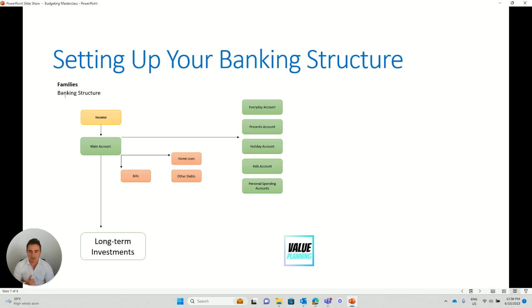So think groceries, think fuel, think eating out, think entertainment purposes, like weekly entertainment, stuff like that, not holidays. It is basically your spending money for the week. Okay. Remember, we're doing weekly amounts because we're breaking things down into easy, manageable, bite-sized amounts so that it's easier for us to budget.